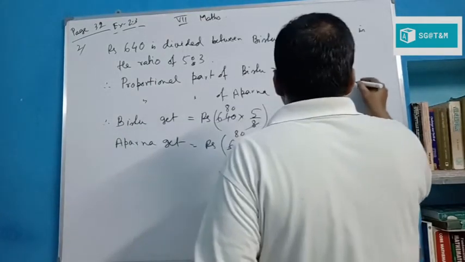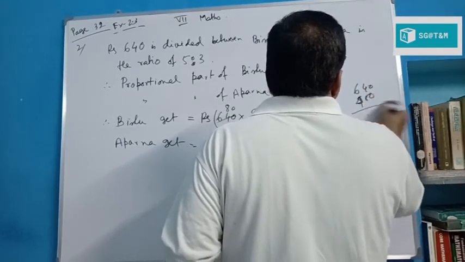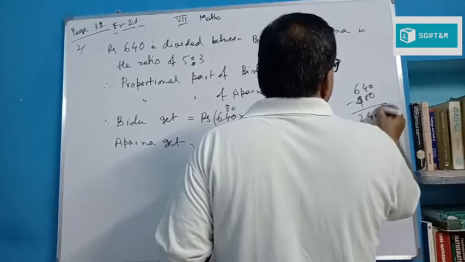Or you can find it in this way also: 640 minus 400, and we get 240 in this way also.